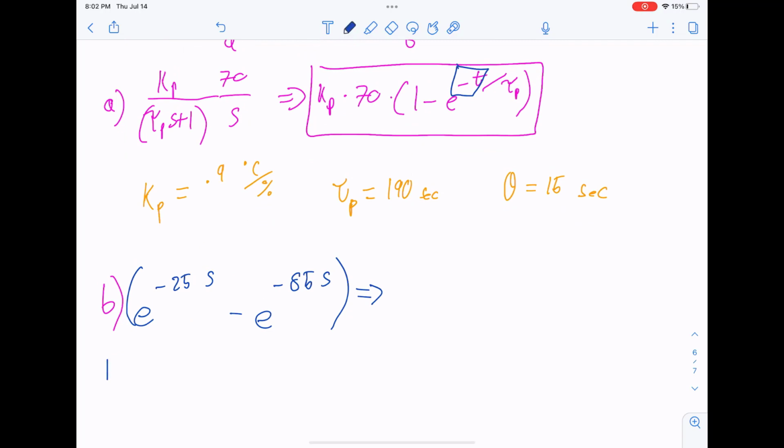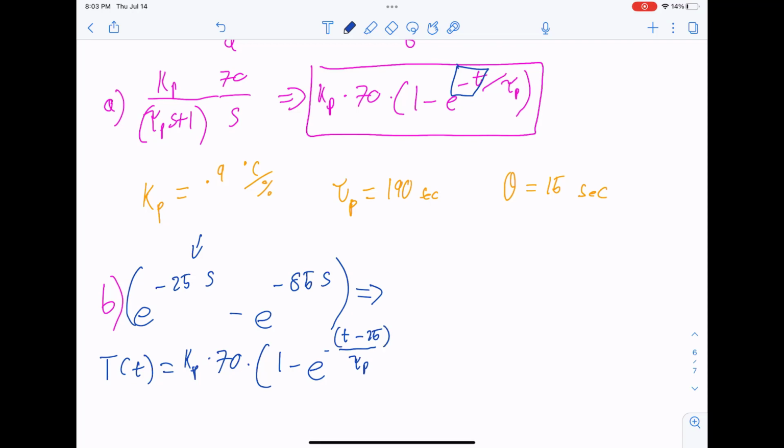So our T of s, we're almost there. It's T of t now. We're doing good. It is equal to Kp times 70 times, and we're going to go ahead and just do this right here first, 1 minus e to the negative, we're going to offset our t minus 25 over tau p. So again, that's in parentheses.